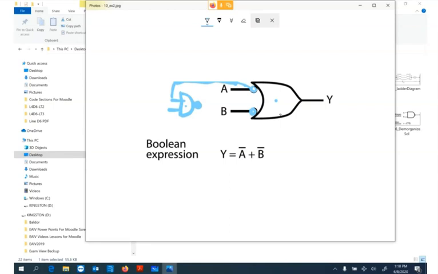So you'll notice where the bar is now, it's not over the whole equation. The bar is only over the inputs in this case, because the output is not inverted. Now, if the output was inverted, then the bar would go over the top of the whole equation, as we'll see later on. So that's the De Morganized equivalent of an AND. It will have the exact same truth table as an AND.